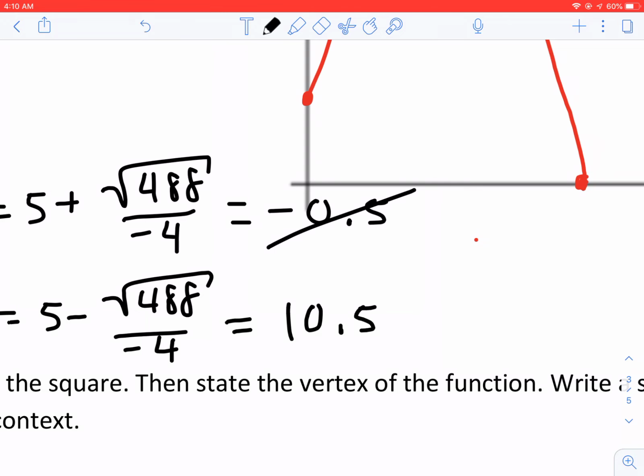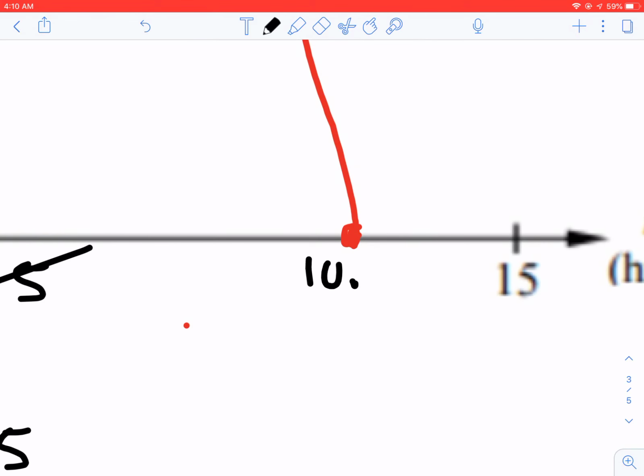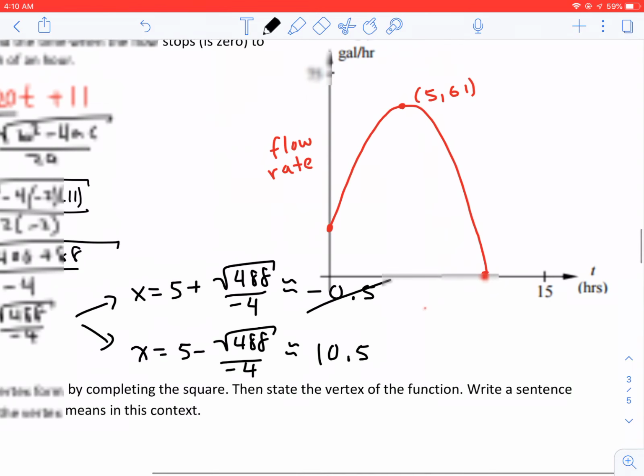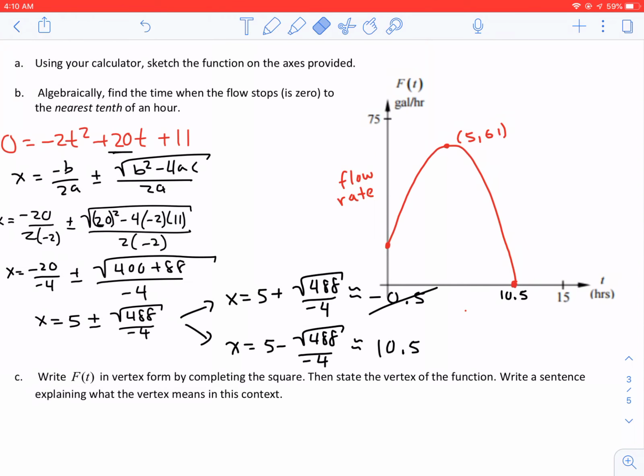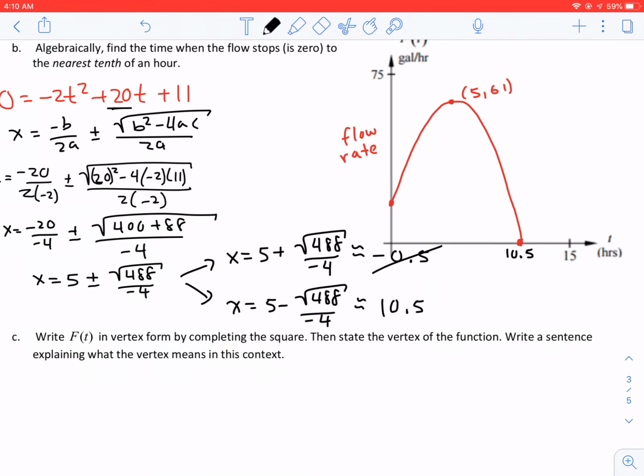Right? I'm rounding. I'm actually getting 10.52268505086 something something something. But rounding to the nearest tenth, the flow rate is 0 after 10.5 hours. Alright, so 10.5 hours.